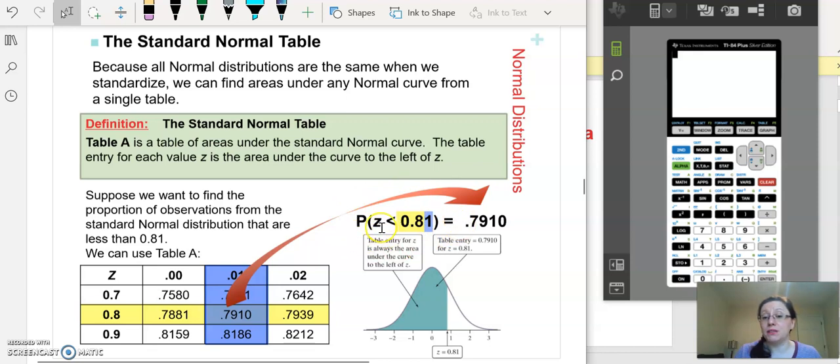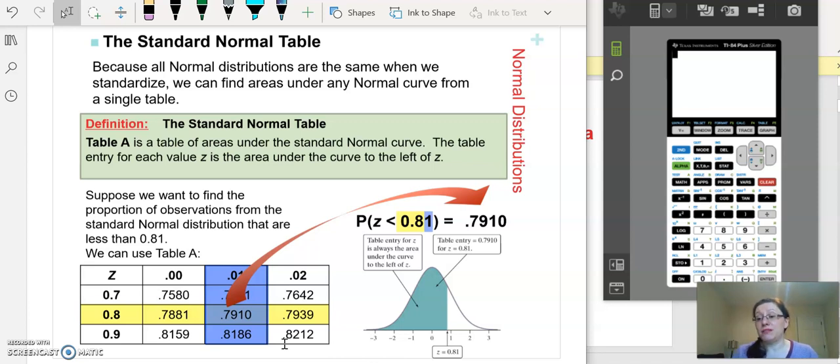Probability that the z-score is less than 0.81 is equal to, right? And from the table, you'd find the z-score of 0.8 and go over to 0.01 because 0.81 is right here. And the answer would be 0.7910. So it's about 79%. It asked what proportion, so we'll leave it as 0.7910.